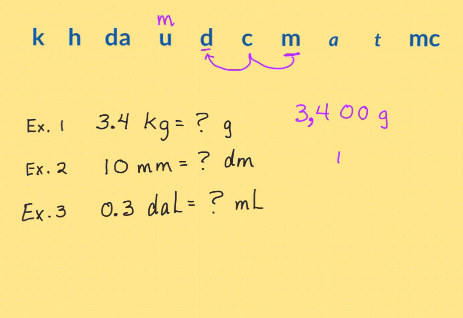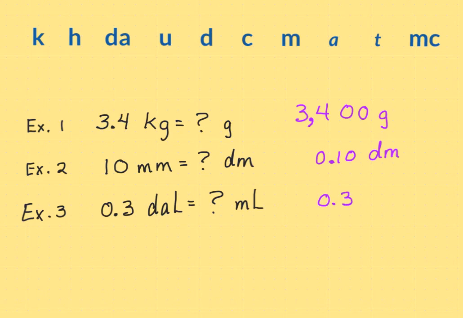Therefore, where's my decimal in this 10 millimeters? It's right here. I'm going to move it 2 to the left, 1, 2. That's the new position. That's an initial decimal place, so I'm going to put a 0 in front of it so everybody knows to look for that decimal point. And what is my new unit? Decimeters.